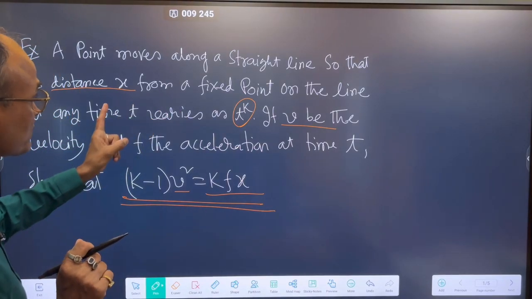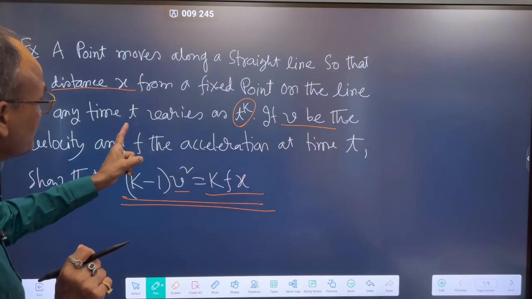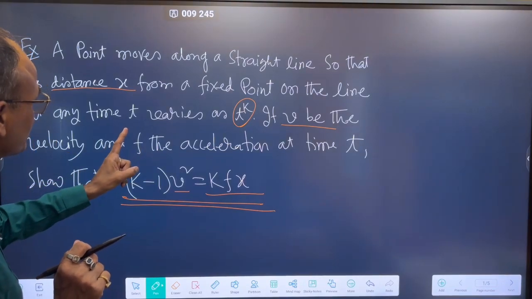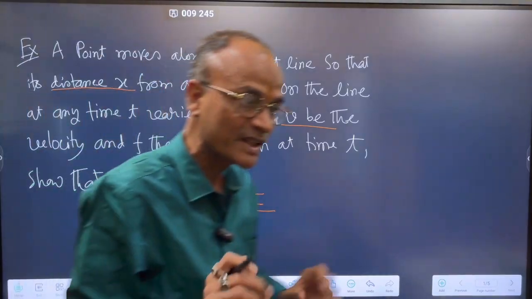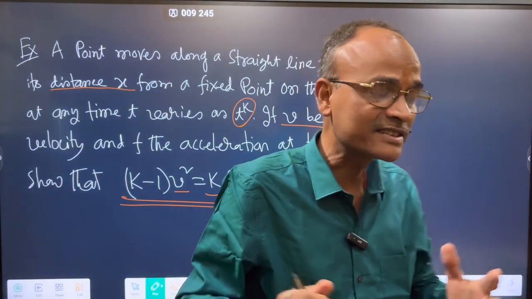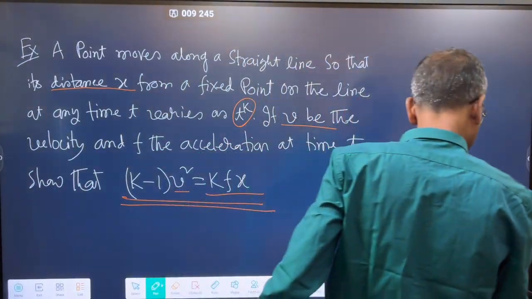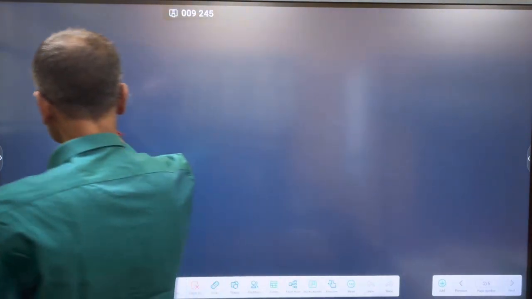At time t, distance x varies as t to the power k.